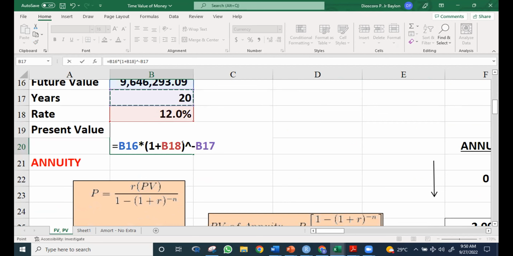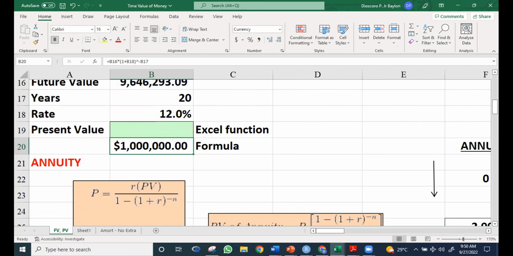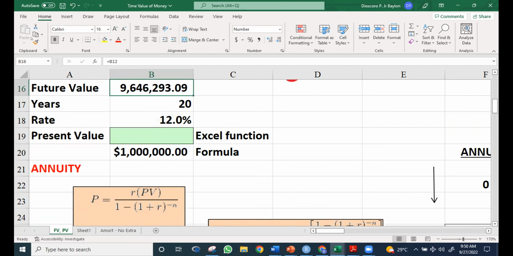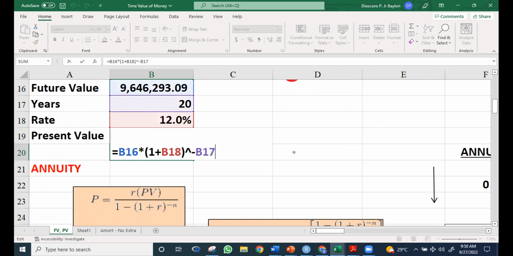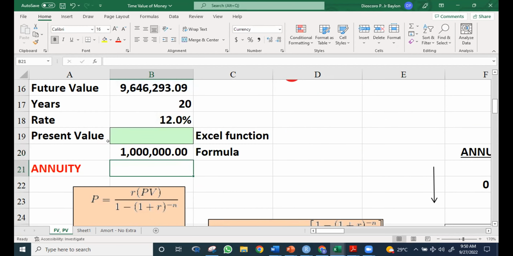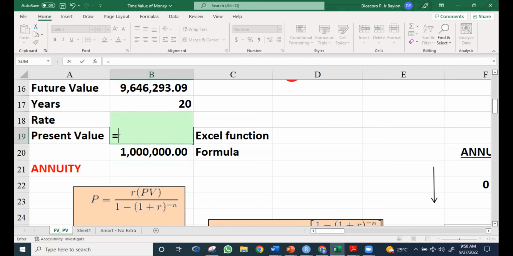All right, so this is the formula. So I'm getting 1 million. Okay, that's a formula. But if we're going to use Excel, you have PV.